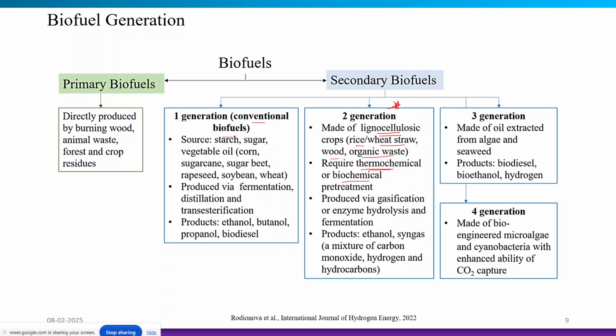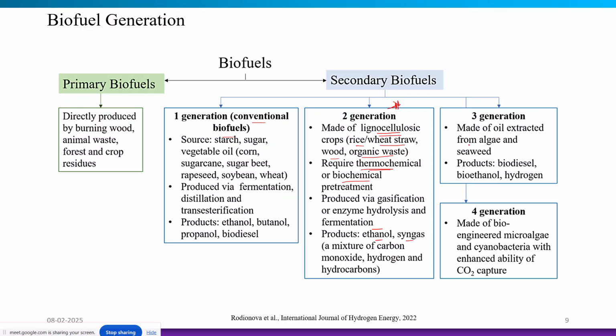After pre-treatment, they go for other conversion processes like gasification, enzyme hydrolysis, and fermentation. So, major second generation biofuels are considered ethanol and syngas, which is a mixture of carbon monoxide, hydrogen, and hydrocarbons. So, these are considered to be second generation biofuel.